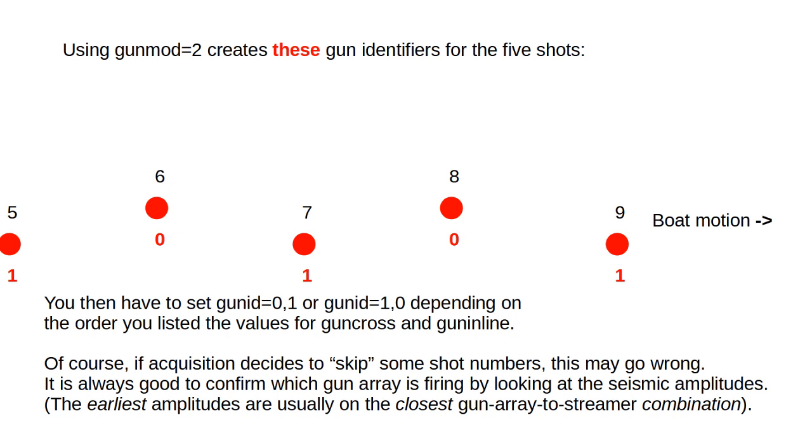In this situation, gunmod is set to 2, which means the remainder is either 0 or 1. You list the 0 and 1 in the gunid parameter and the corresponding inline and crossline offsets in gun inline and gun cross parameters.